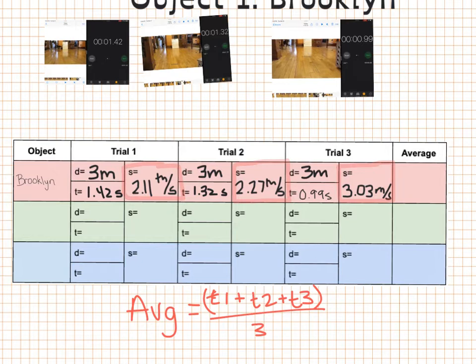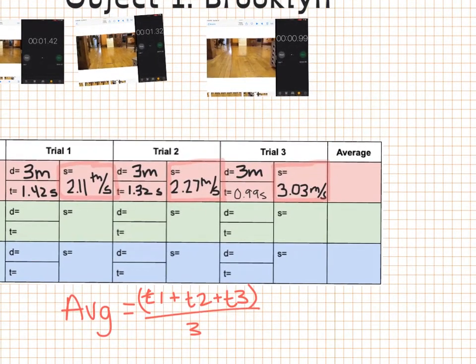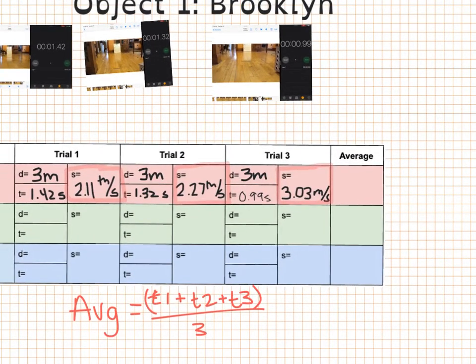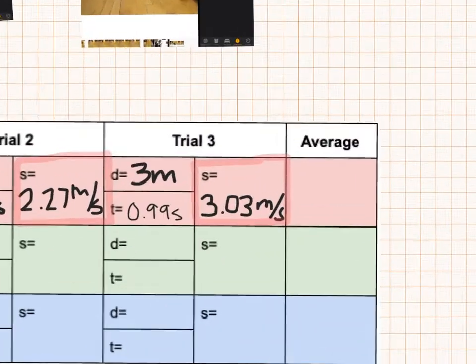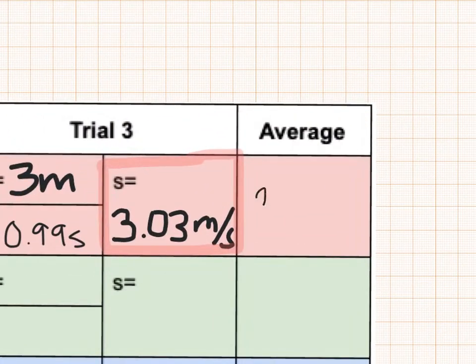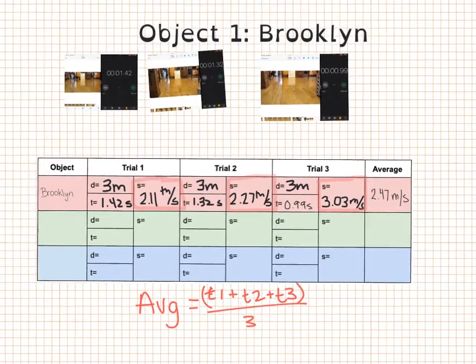So my average speed, Brooklyn's average speed, is 2.47 meters per second. All right, not bad, not bad.